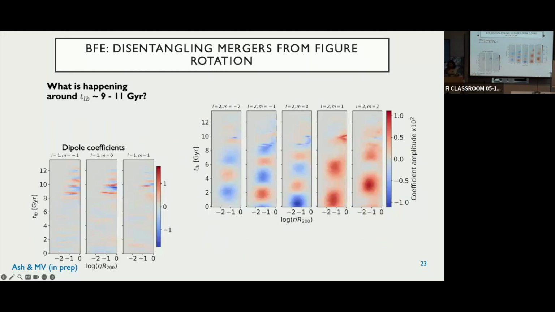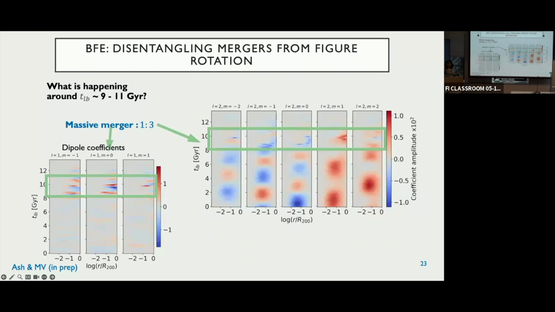And when we went back to the simulations to look at what was happening there, we saw it was a 1:3 merger, which oscillates back and forth. That's what the M equals 1 mode is. L equal to 1 is a dipole mode. So as the satellite oscillates back and forth, it produces this, but then it disappears, right?